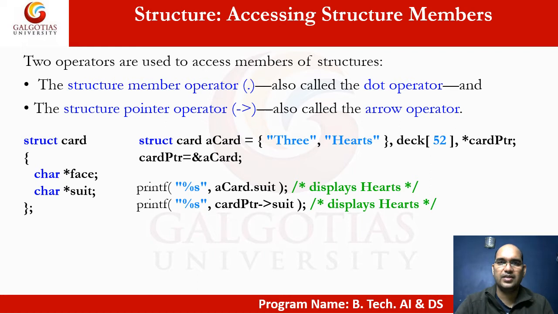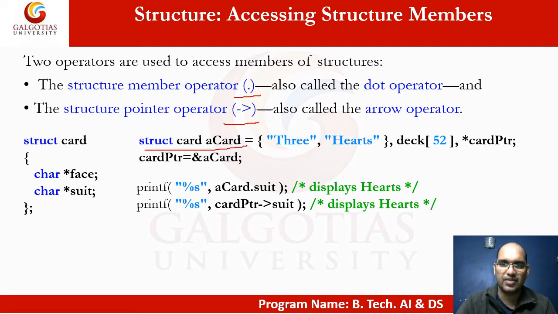Now coming to the next topic, accessing structure members. I also covered this in the previous session. There are two methods with the help of which you can access the members of a structure. The first one is the dot operator, and the second one is the arrow operator. I have explained that the dot operator is used with a simple, normal structure variable.